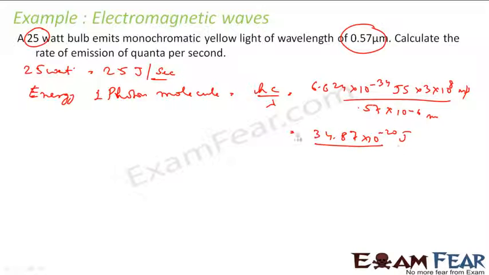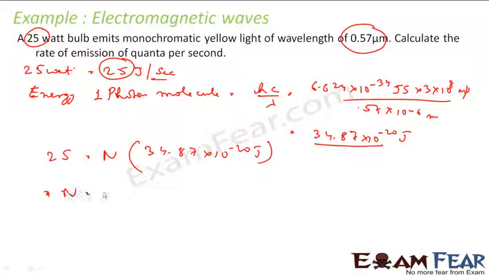So the energy of one photon is this, and I am saying that per second my bulb is emitting this much energy. So to emit this much energy, I need some n number of photons. That means 25 joule is nothing but some n number of photons into this energy. Correct? Because some n photons will give this much energy. So if you want to find the value of n, it is nothing but 25 by 34.87 into 10 to the minus 20.